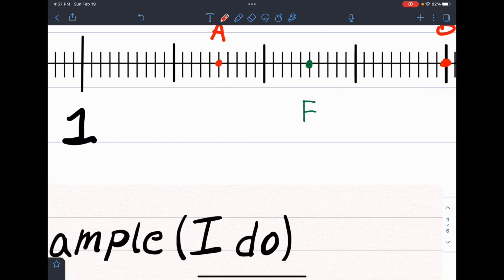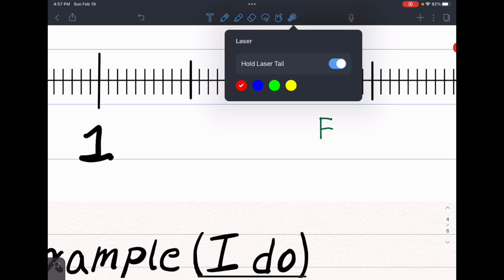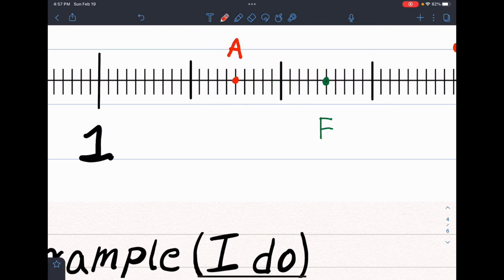So how do we figure out what the decimal part is? Well, again, we can look at the nearest tenth to it. Here is our point right here, and the nearest tenth is right here. So that tenth, this point, represents 1.1. So to figure out what A is, we just have to count how many hundredths.